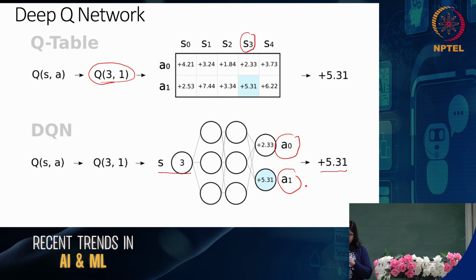Either you can use the greedy approach, where you select the action based on the Q value, or you can select any action. These two also have some probability. When you are picking an action, sometimes you go for the greedy one, selecting the action based on the highest Q value, and sometimes you randomly pick any action.